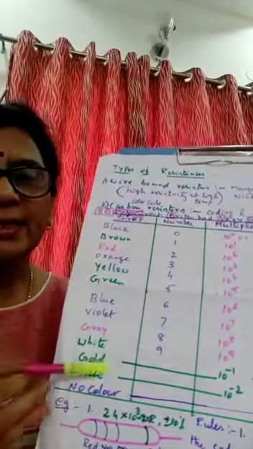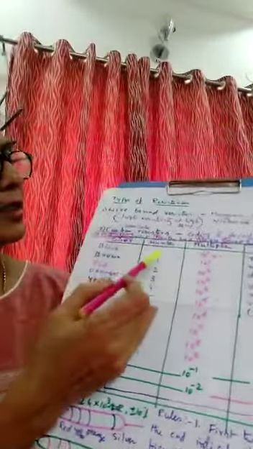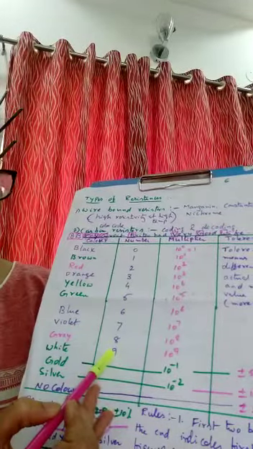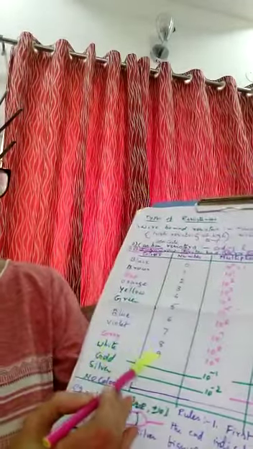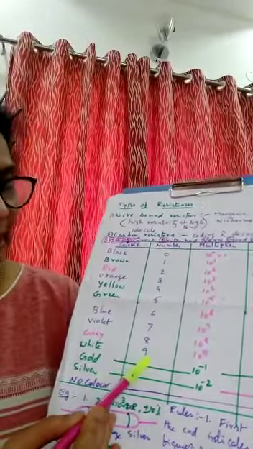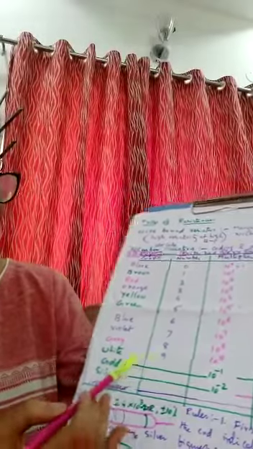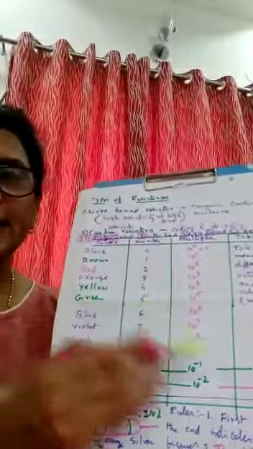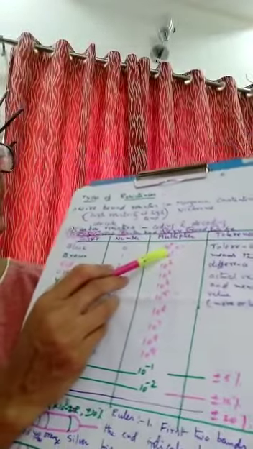First you remember this, then write down the second column, numbers 0, 1, 2, 3, 4, 5, 6, 7, 8, 9 till white. Gold, silver, no color is not meant for this. I will tell you what for afterwards. Then here write the multiplier.